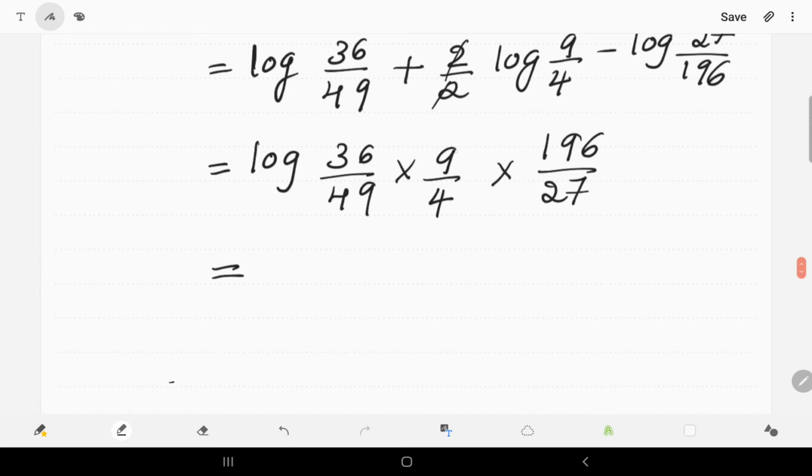So this is equal to 9 ones are 9, threes are, 49 ones are 49, fours are 4, ones are 4, ones are 3, ones are 3, 12s are. So remains only log of 12.